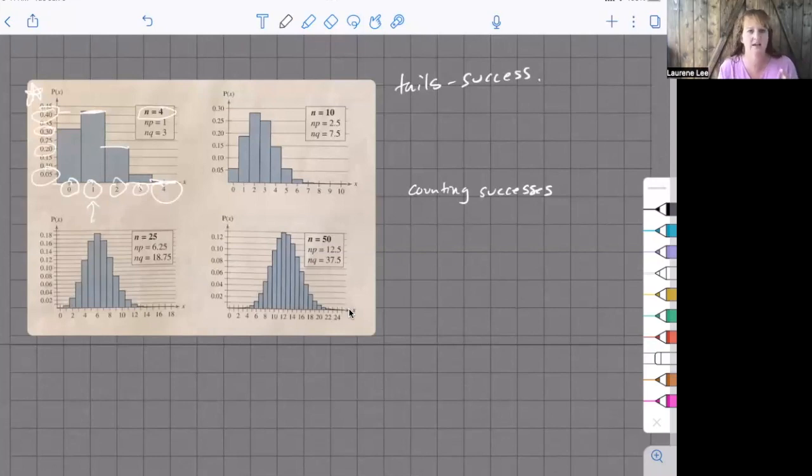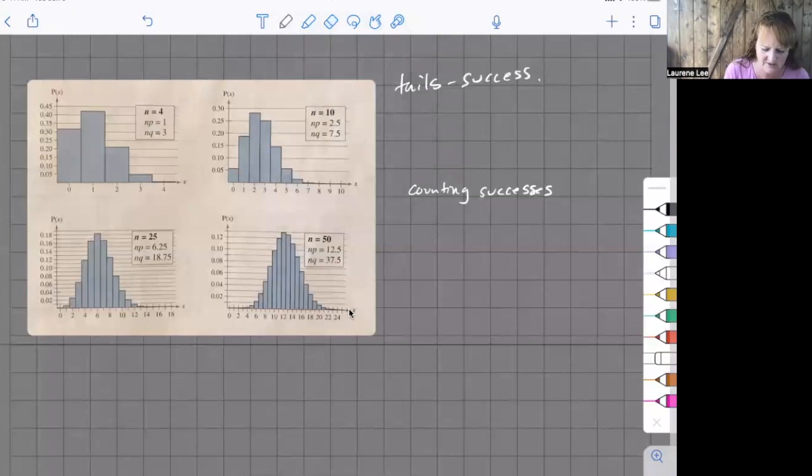Because if I'm flipping the coin 4 times, I've only got 4 bars. There's only 4 options. Whereas in the normal distributions, when we're talking about something like blood pressure, there are all sorts of outcomes, so we can't make a bar for every one. It ends up being this smooth, continuous curve. But these guys are countable outcomes. Okay, so that's how the charts work.